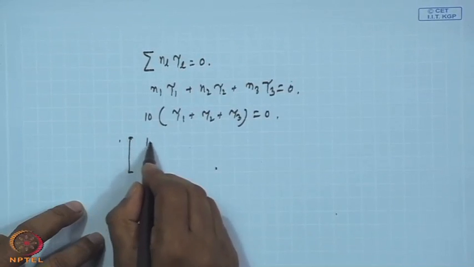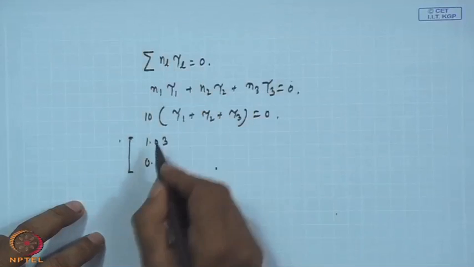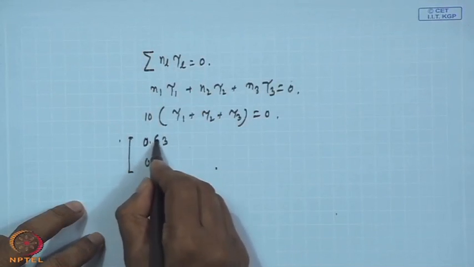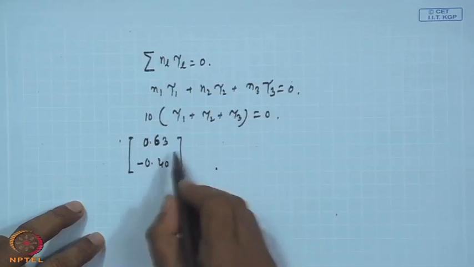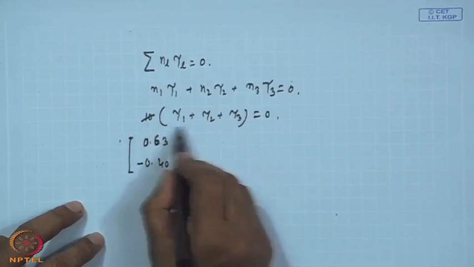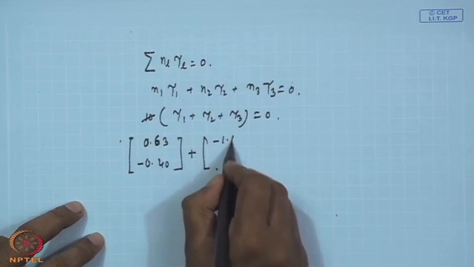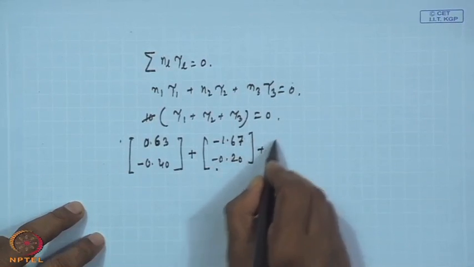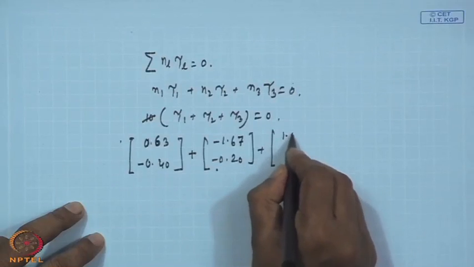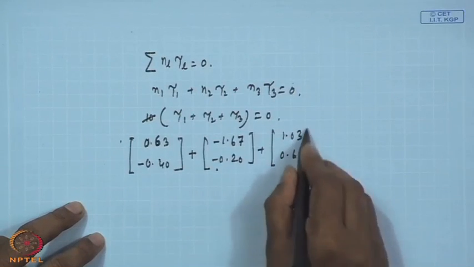What is tau 1? 1.03, 0.60. This is not tau 1, this is tau 3. 0.63 is tau 1, minus 0.40. So, I can cancel the 10. Plus tau 2 is minus 1.67, minus 0.20, plus tau 3 is 1.03, 0.60.